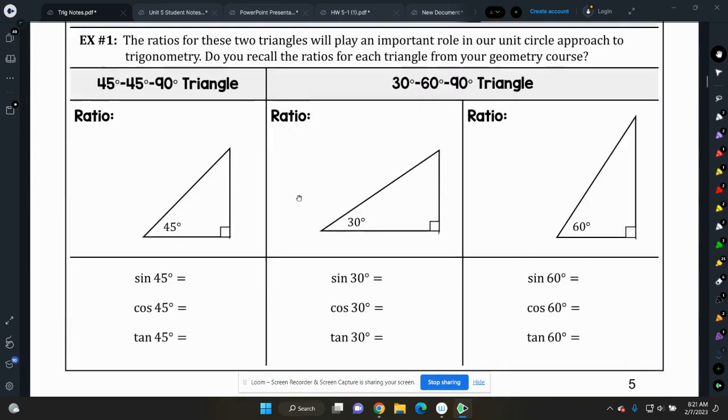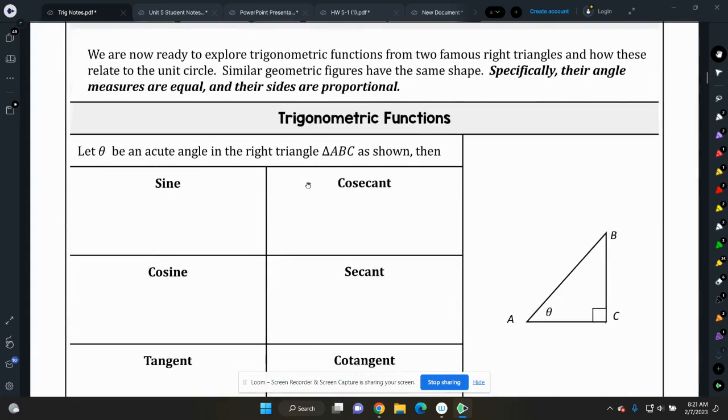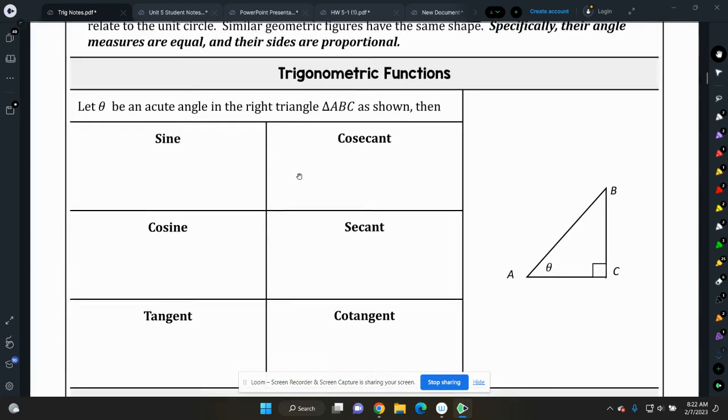Okay, so I'm looking on page 5 of the note packet that I gave you. Does everybody have that? Does anybody not have it?